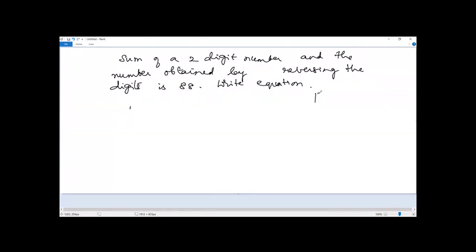So a 2-digit number has a tens column and units column. We can take x and y.